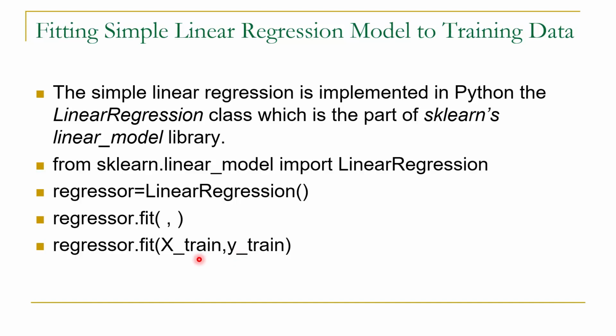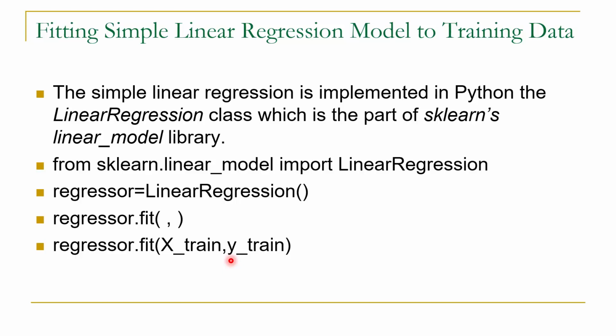Here x_train contain the data of research experience, while y_train contain their corresponding salary. Machine learning model will learn from the relationship between xtrain and ytrain and try to fit the best possible straight line over this dataset. So this way we will able to build our simple linear regression model.